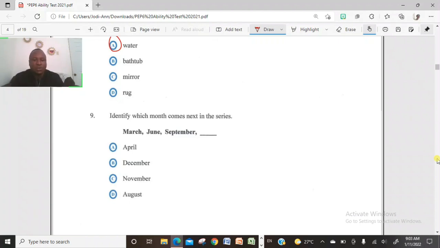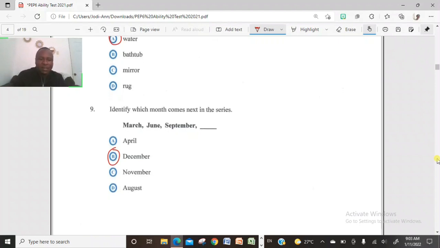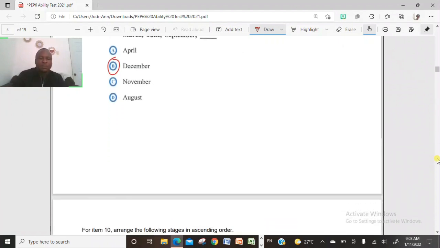Then it went from June to September. So it skipped out July and August. It skipped out 2 more months. Now, the pattern is that we're skipping 2 months out. So after September, we would have October and November, and then we'd go to December if 2 months is skipped out. So that's B for item 9.